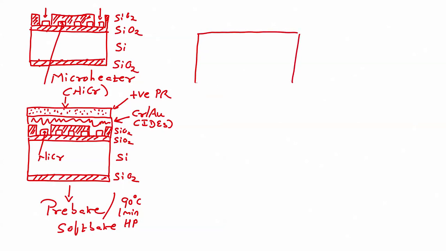I will load my mask. I have to load my mask. So, we have the oxidized silicon substrate. Always this is your process flow, okay guys. We have heater 1, 2, 3, 4, 5, let us draw it correctly, it does not look perfect, and then we have SiO2 covering the heater.